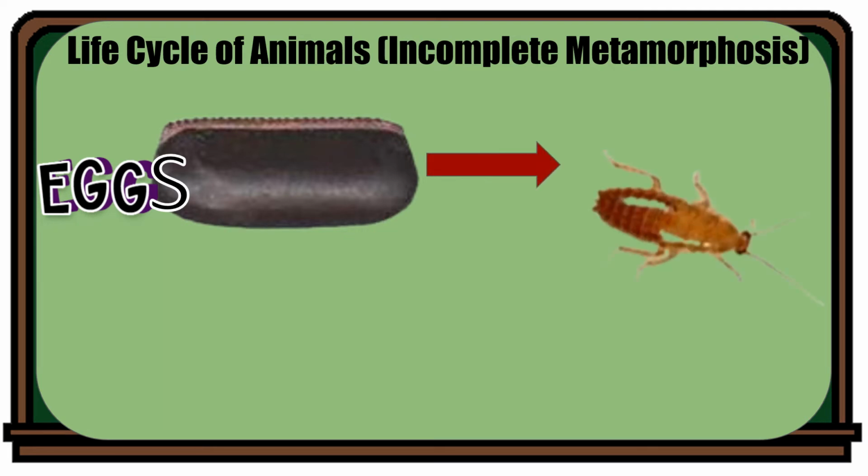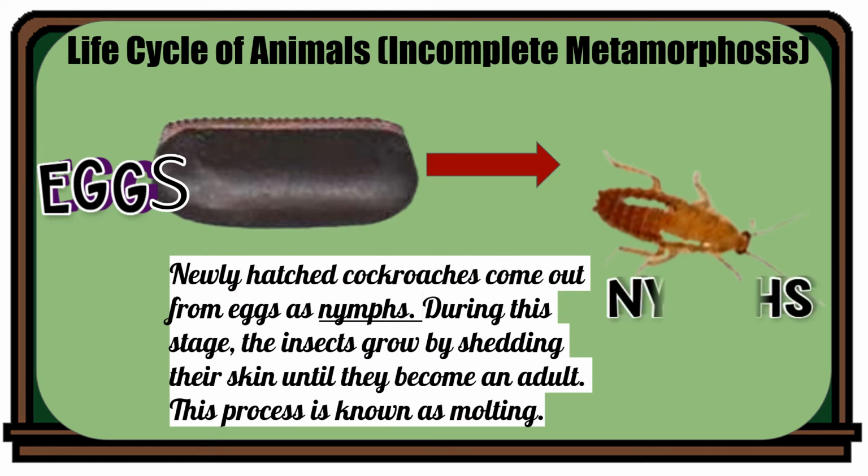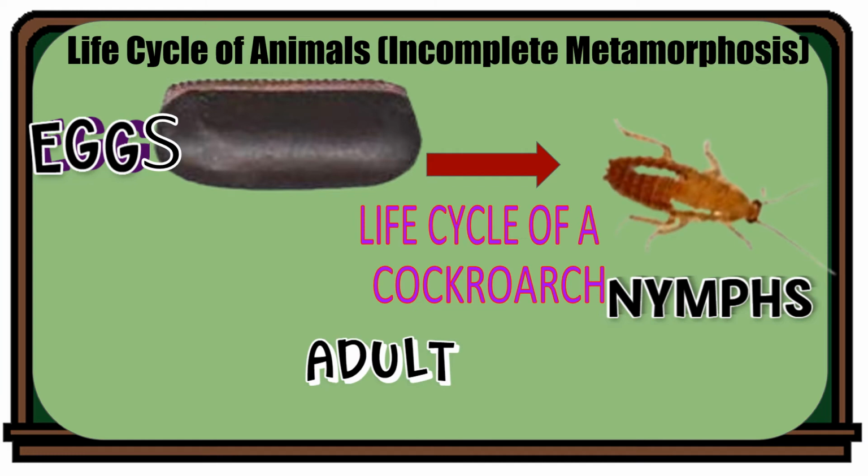Second stage is the nymphs. Newly hatched cockroaches come out from eggs as nymphs. During this stage, the insects grow by shedding their skin until they become an adult. This process is known as molting. The third stage is the adult.